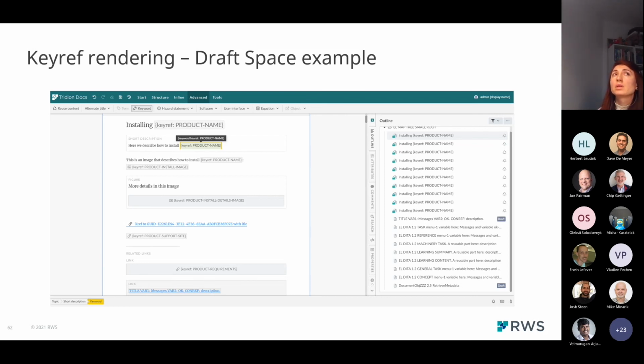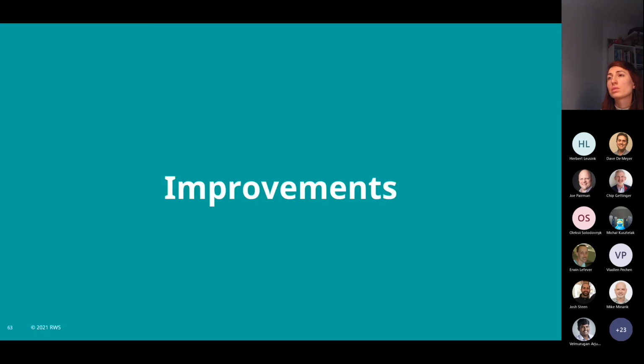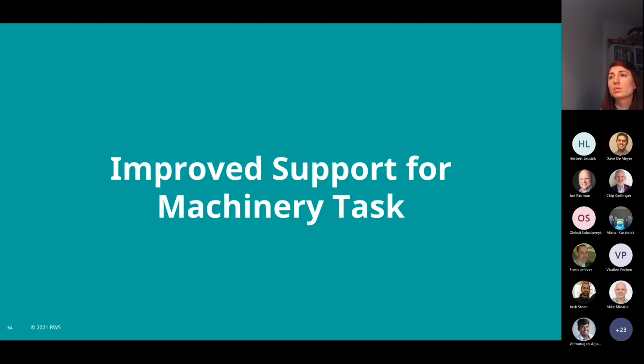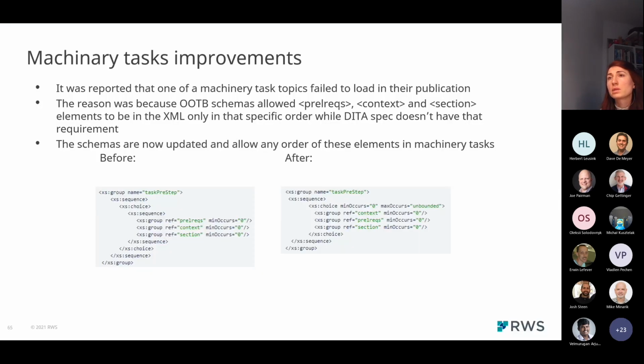There are also a few improvements for how we support certain tasks, for instance machinery tasks and learning assignments. For those, we added usability with easier tasks, or easier steps, for users.